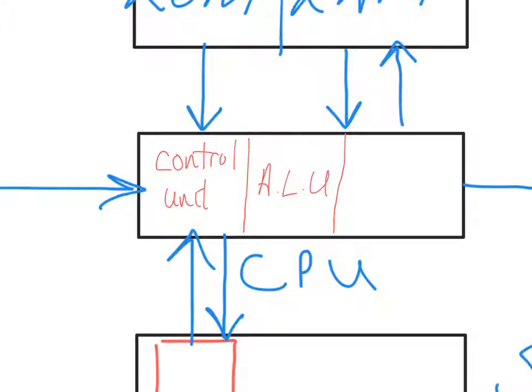And the third part of the CPU is actually a part of primary memory. So I'll write this in blue, and these are called the registers.